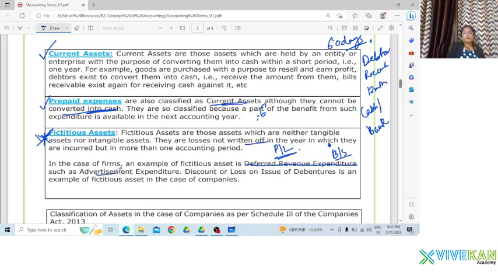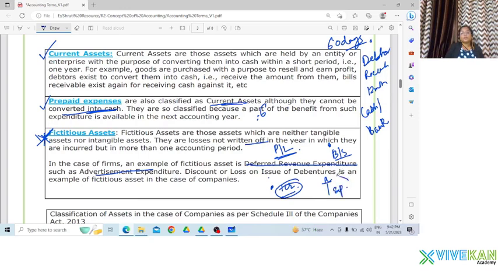A simple example is advertisement expense. For example, you have made a big ad and spent around 1 crore on that. This type of ad you will be using for multiple years, like a 2-3 year campaign. So if you hit your P&L in one year only, it will give the impression that you have a lot of expenses, right?